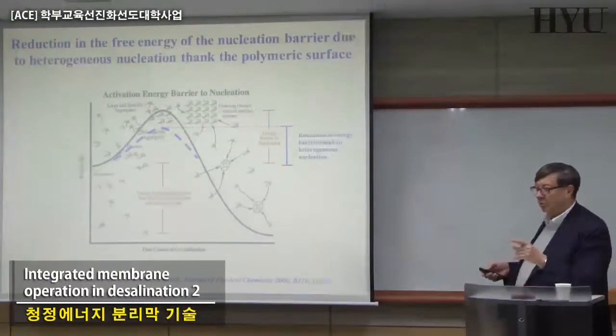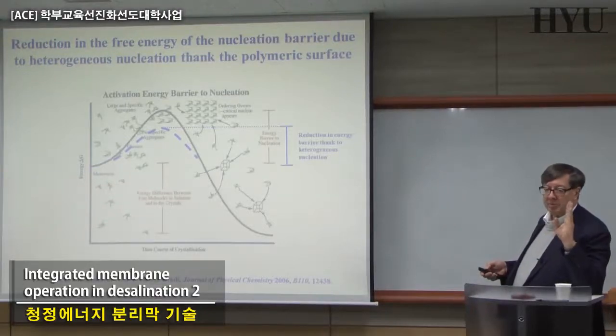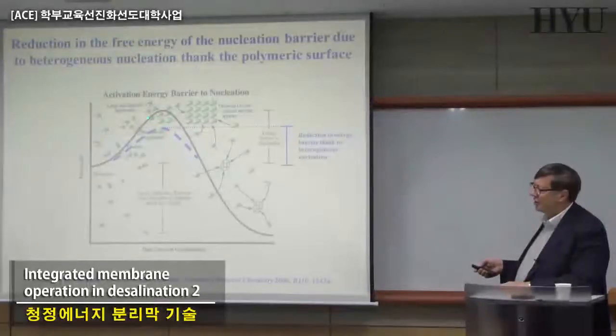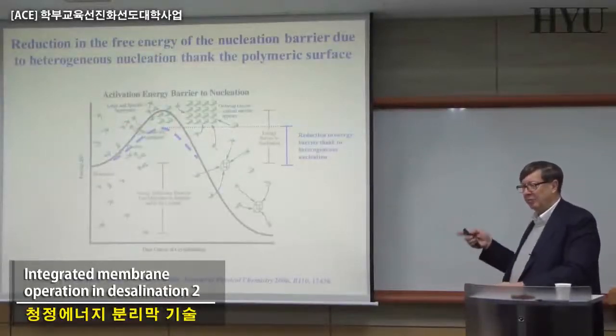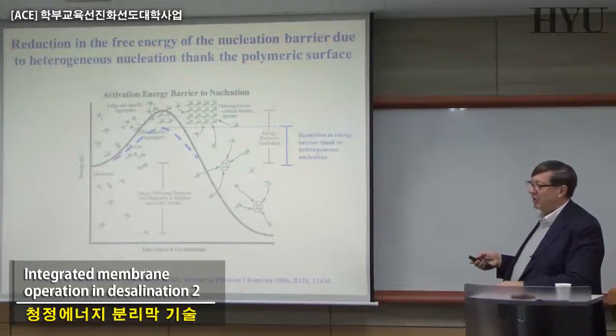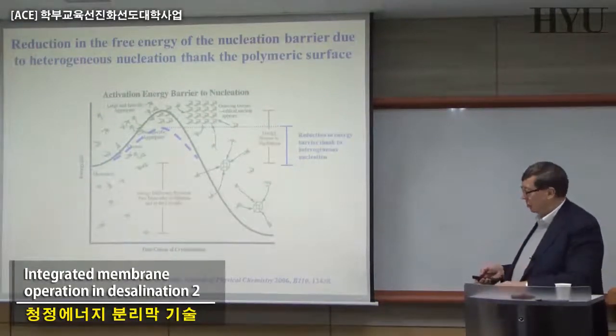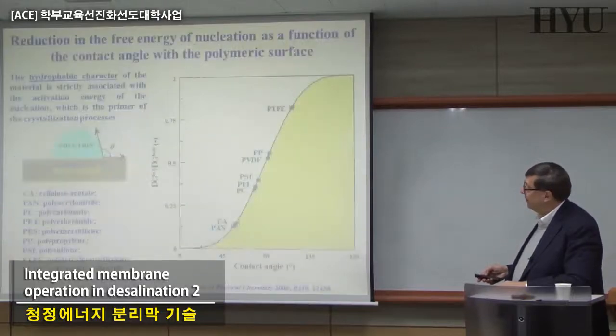I told you that we are able to produce specific polymorphs. Why this? Because if you just change, as we discussed before with different polymers, the activation energy, we reduce the activation energy in the crystal.